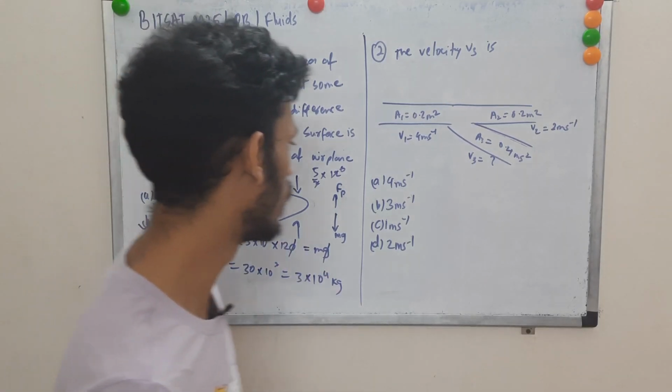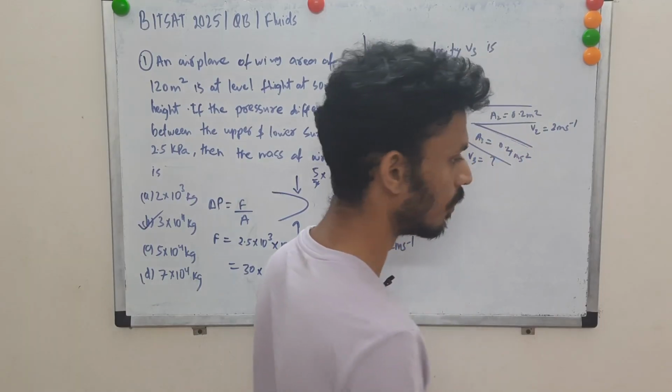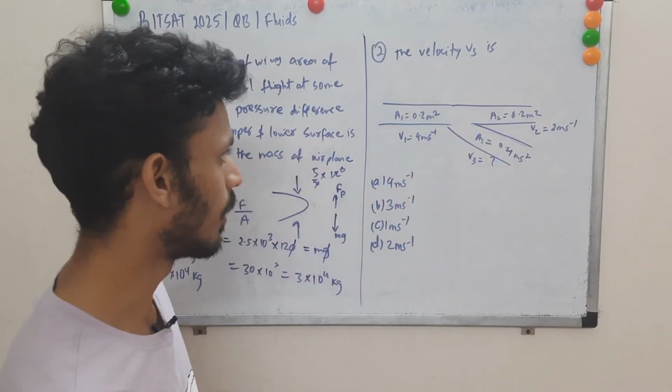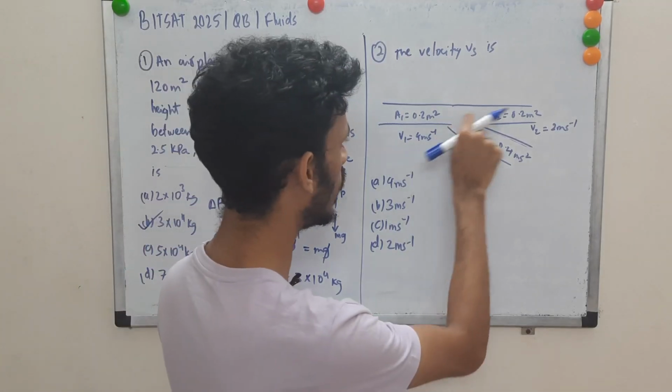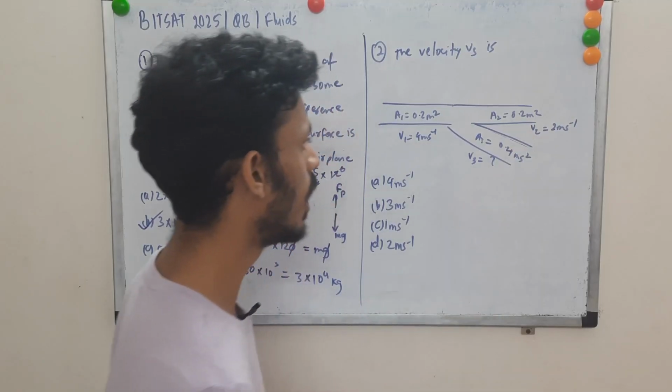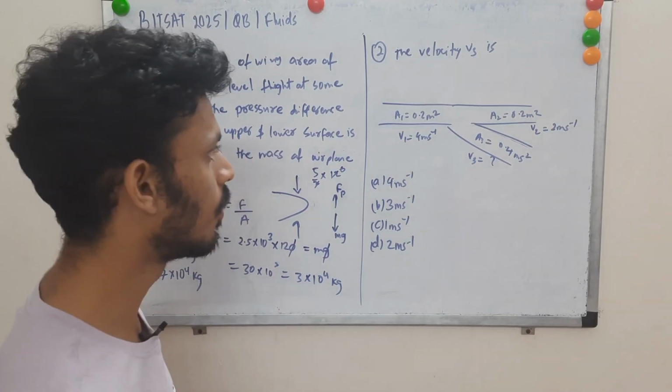Just the basic concept of pressure: you have to balance it with the force or the weight. Let's come to question 2. Here we are supposed to tell the velocity v3. a1, a2, v1, v2 are given, and a3 is also given. Here we'll use the equation of continuity.